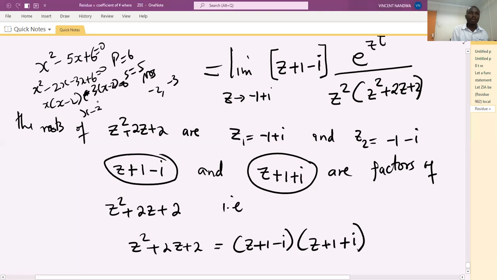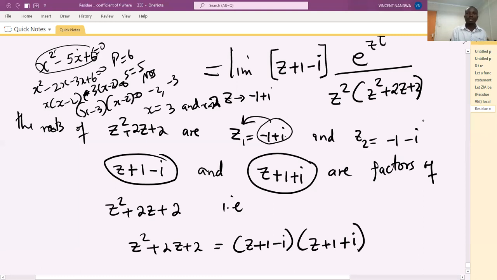So x minus 3, x minus 2 equals 0. So x equals 3 and x equals 2 are the roots. So that means that x minus 3 is a factor of this, and also x minus 2 is a factor of this same equation. So that's why when you say z equals minus 1 plus i and z equals minus 1 minus i, when you take these terms to the left-hand side, you get this and this one, multiplying the two gives you the original expression.